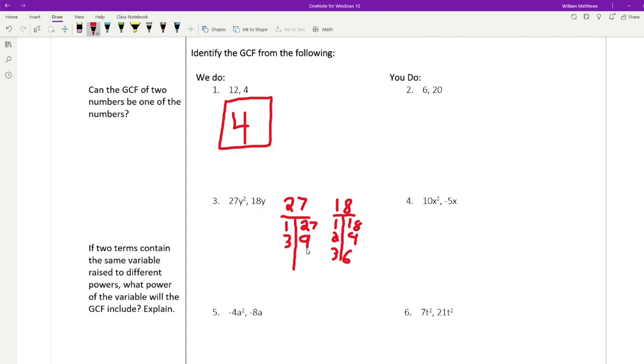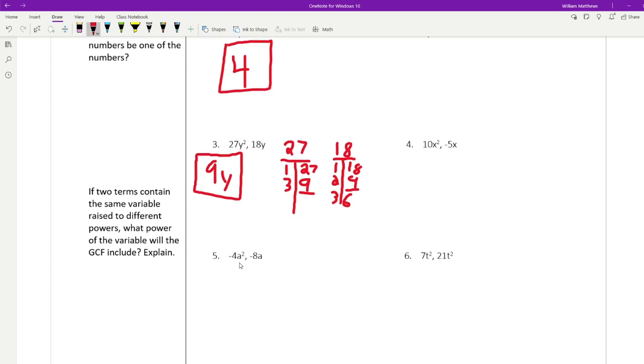So our largest common factor, in this case, is 9. And the one y that both factors have. So to break it down in its simplest steps, you can take each number and create the factor table and find which common factor is the greatest, just as the name states.